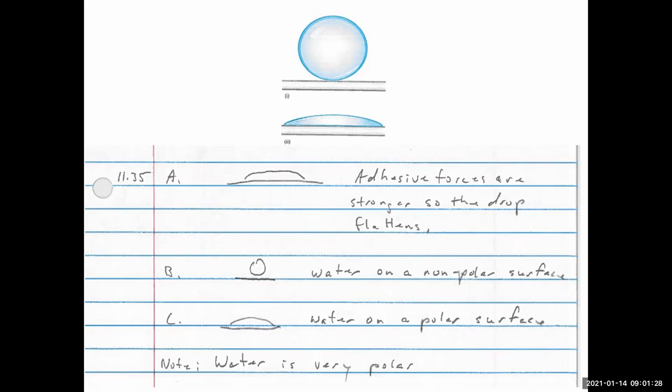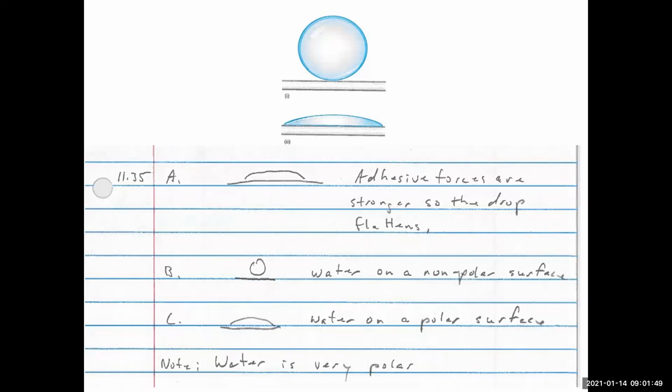Okay, so we have these two diagrams. At the top, we have the one that looks like a little ball sitting on something, and then one that's a little more flattened out. And so the question is, liquids can interact with flat surfaces just as they can with capillary tubes.